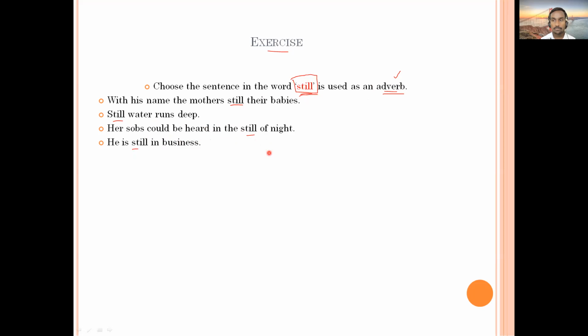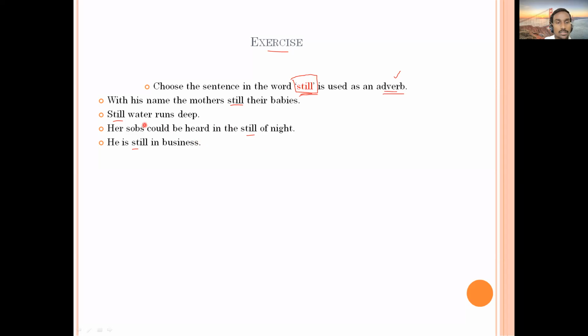Still water runs deep. Are you sure? Yes, sir. Okay, any other responses? Do you think still is an adverb in another option?